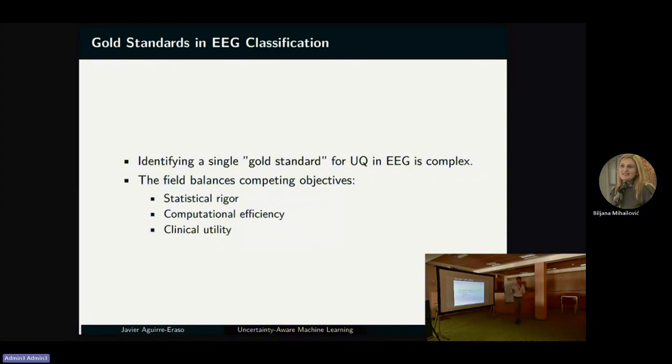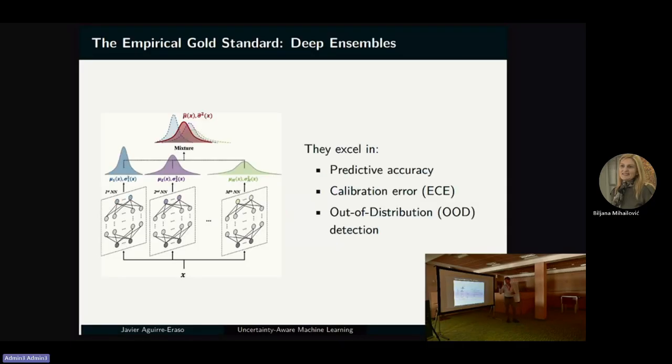However, some consensus is coming up, and for the best predictive accuracy, the best calibration error, and out-of-distribution detection, deep ensembles are the best, at least for the moment, or for most of the cases.